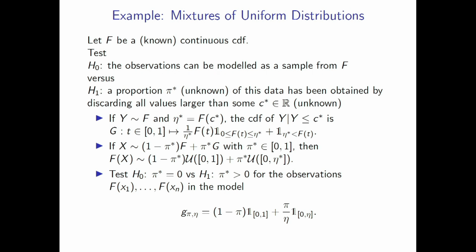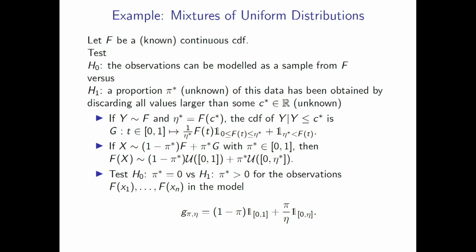This is just to motivate this example because it's quite an easy example. If I know F, I want to test H naught, that the observations can be modeled as a sample from F, versus H1, which is that a proportion of this data has been manipulated in the way that I said, that some data has been discarded.